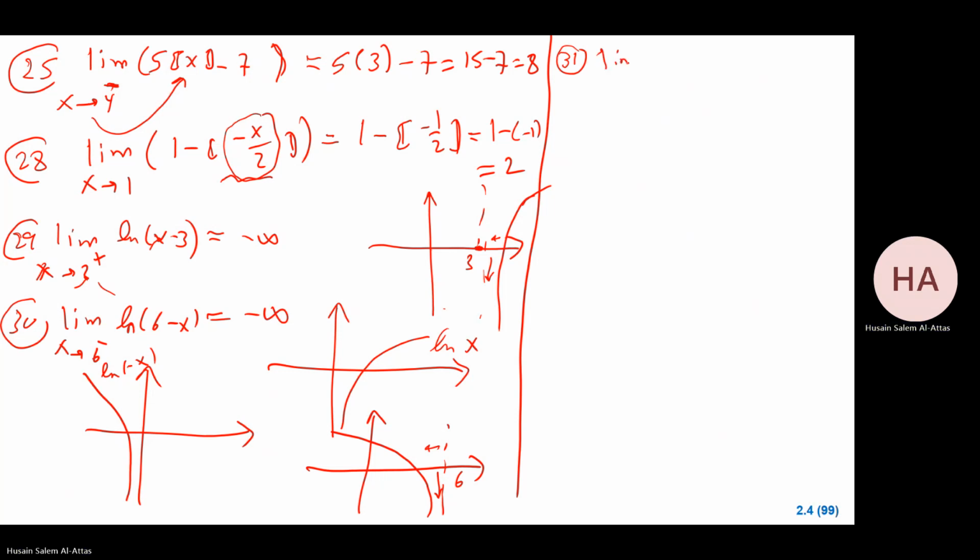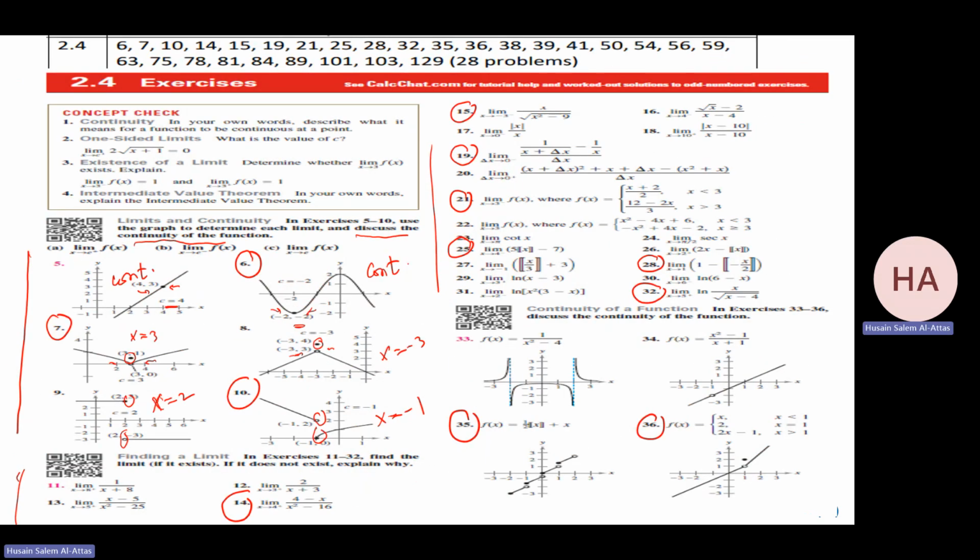Limit as it goes to 2 from left of len x squared 3 minus x. What we care about is this one should be 0 from right, and it is. If you put the 2, no, it will be a number. Just let me double check it.